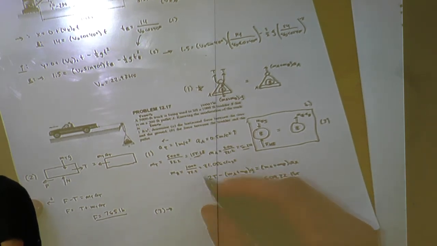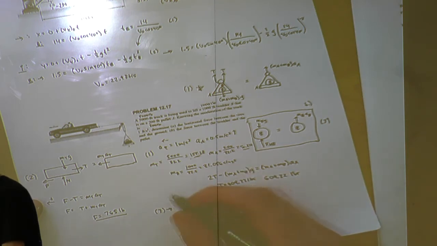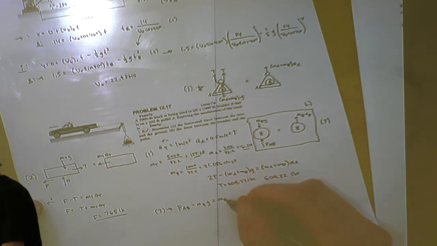So we're looking at just these two vertical components. We have the force on the boulder from the pallet minus the mass of the boulder times gravity is equal to the mass of the boulder times the acceleration of the boulder.